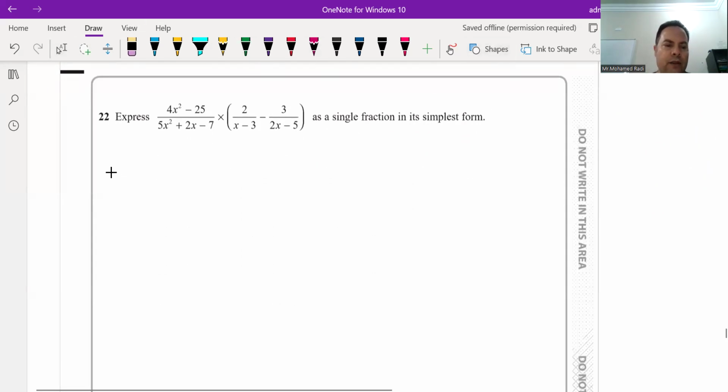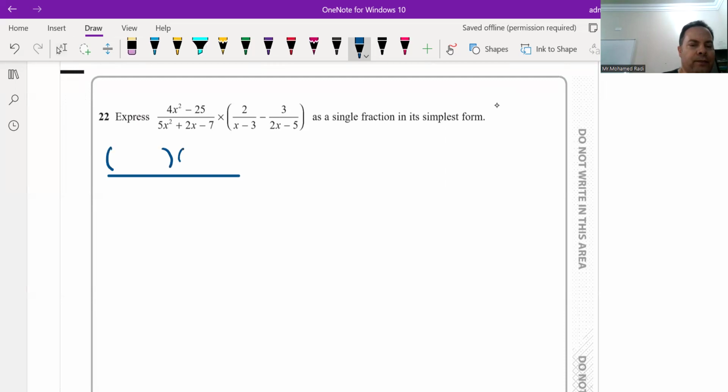Looking at the numerator, it's called the difference between two squares. Two brackets, the same: 2x and 2x, 5 and 5, positive and negative.